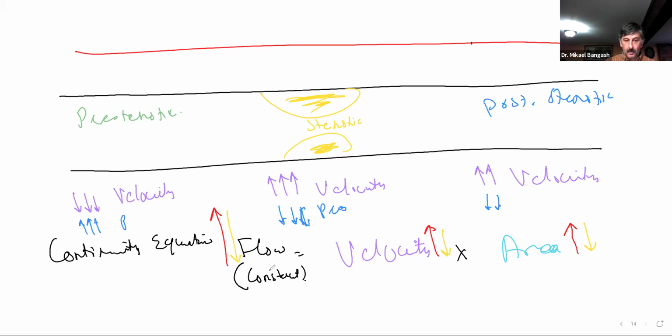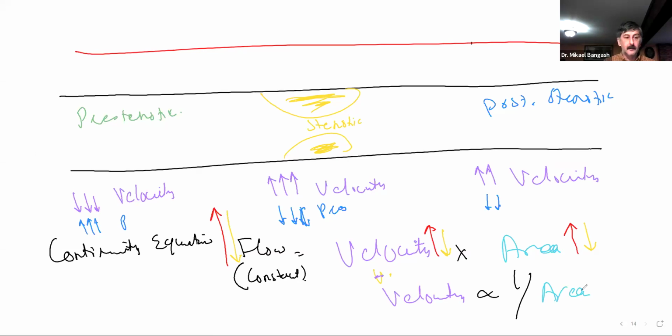But because the flow is kept constant, velocity has to be inversely proportional to the area.